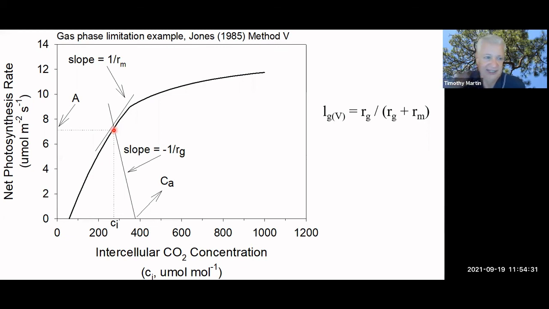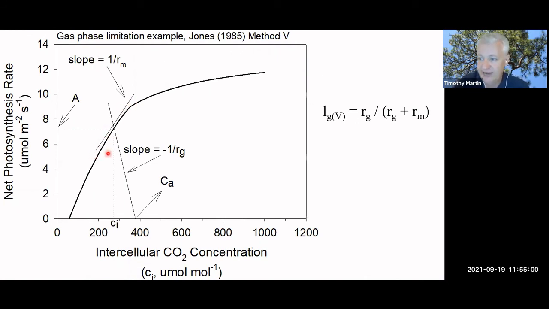So essentially, you'd measure light saturated net photosynthesis rate, which is A, and then measure net photosynthesis rate at a couple of CO2 concentrations above that and a couple of CO2 concentrations below that, and then fit a linear regression through those points, and that will give you the slope of this line.